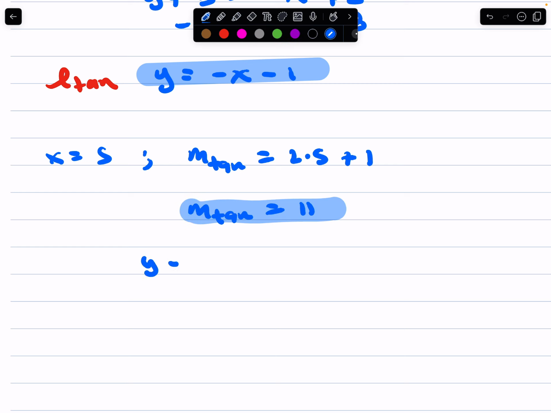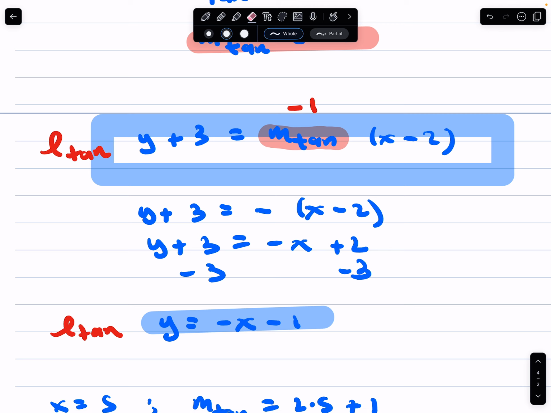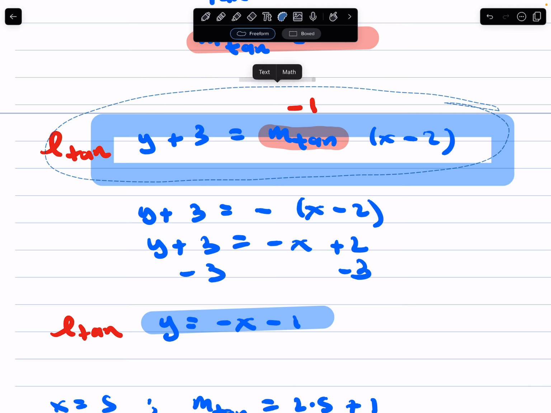y minus, go back to that equation. We found m tangent here. So we're going to go back to this point slope form. I want to copy that. Let's copy it.